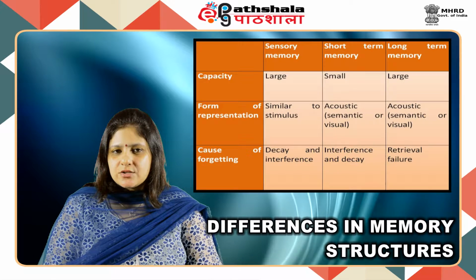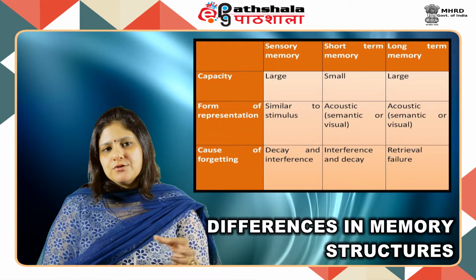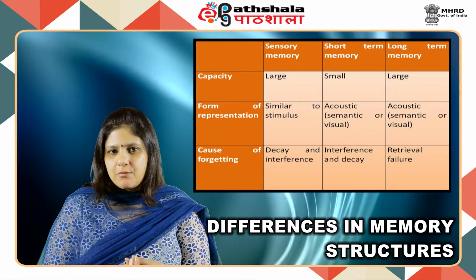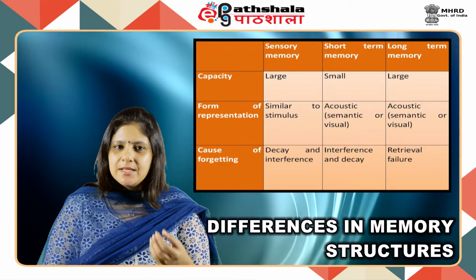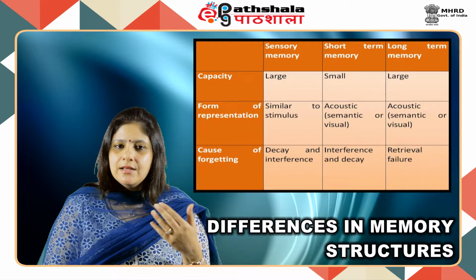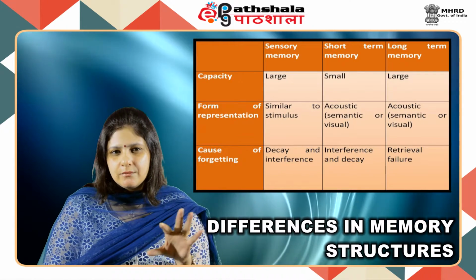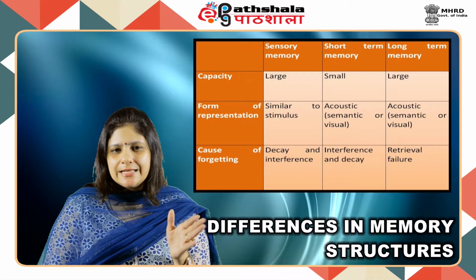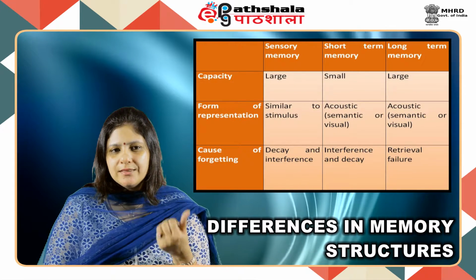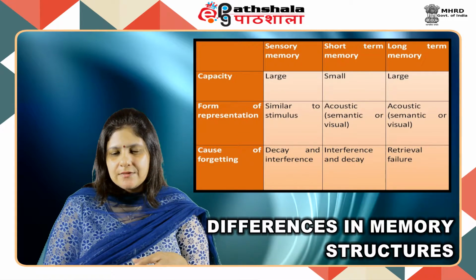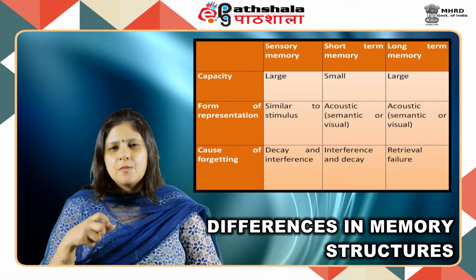Differences in memory structures. Till now you have understood what the different types of memory are. We have covered long-term memory in this module, but in the previous modules there were short-term memory and sensory memory. So let's try to understand the difference between all three within their capacities. Sensory memory has a large capacity, whereas short-term memory has a very small capacity.